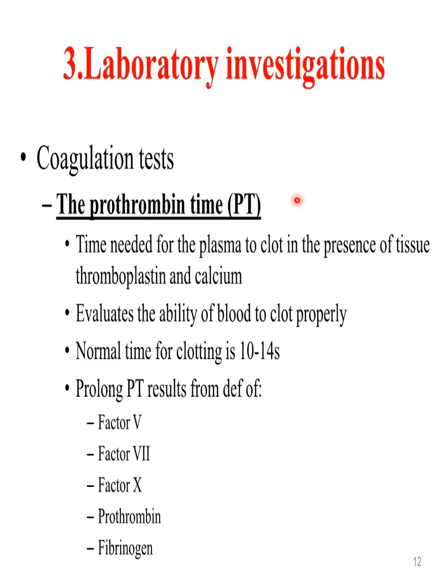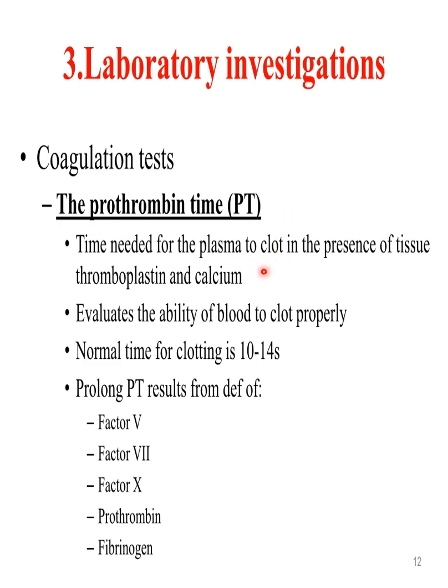The peripheral film or CBC, the bleeding time, prothrombin time, and partial thromboplastin time are also called screening tests. They are the basic screening tests which we use in the beginning, and then we move on to more sophisticated tests. A little elaboration on the prothrombin time.